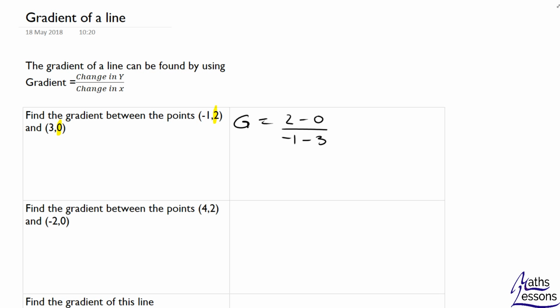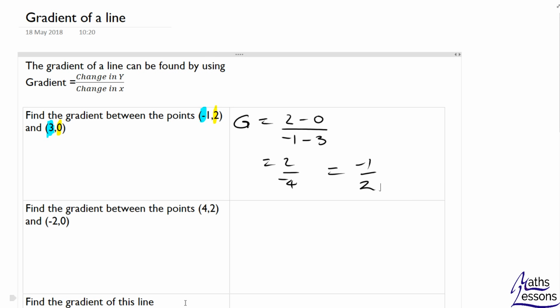Be careful with signs. We've got a -1 here and we're going to take away 3 there. So that would give us 2 over -4, which can be simplified to give us -1/2. Okay, let's take another 30 seconds and have a go at the next one.